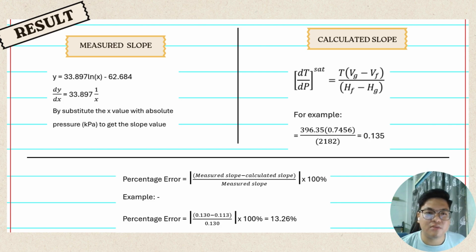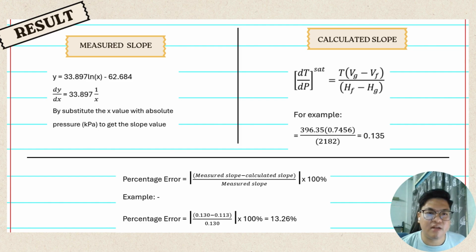Next, to calculate the calculated slope, we will be using the Clapeyron equation, which is dT over dP equals T times (vg minus vf) divided by (hg minus hf).